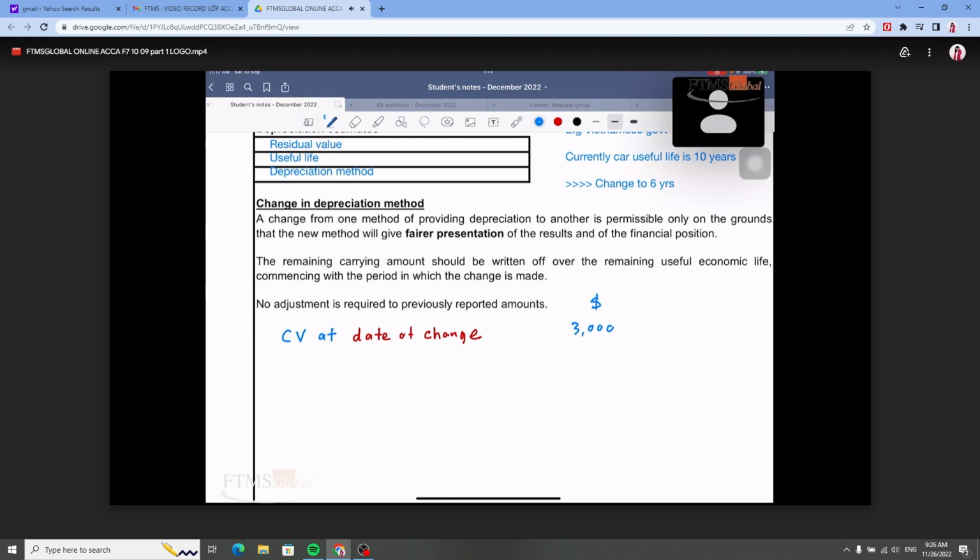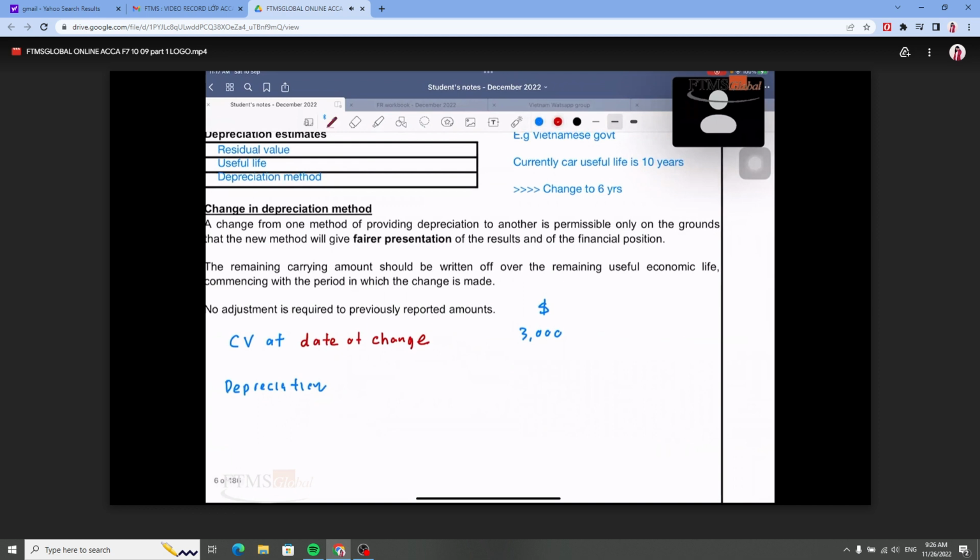Then next, calculate your depreciation. Same thing. Normally we use cost minus scrap, then divide by useful life. In this case, if there's a change, don't use the cost anymore. Use this 3,000, then minus any new scrap value.